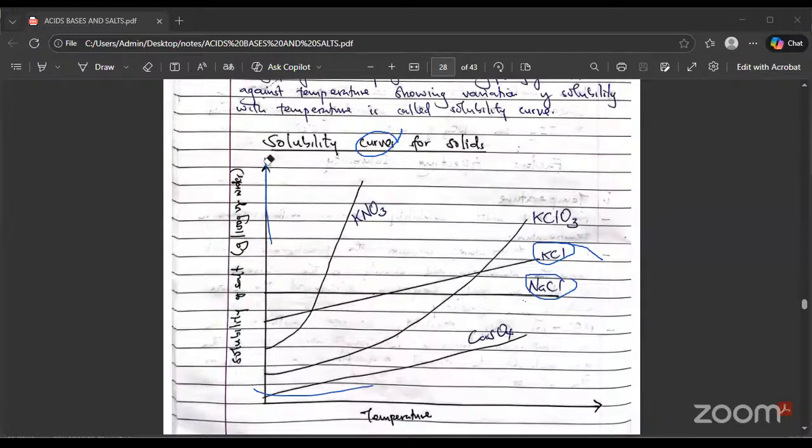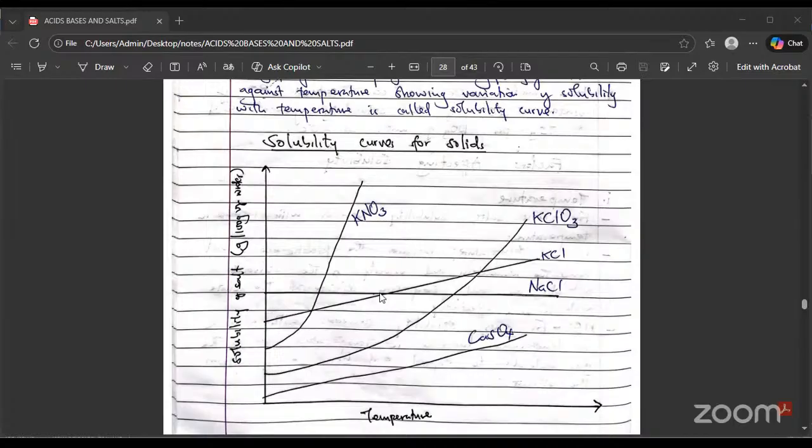Again, something I'm supposed to tell you: you're never supposed to use a pen when you're doing a graph. If someone sees a biro while you are drawing, you are wrong automatically.